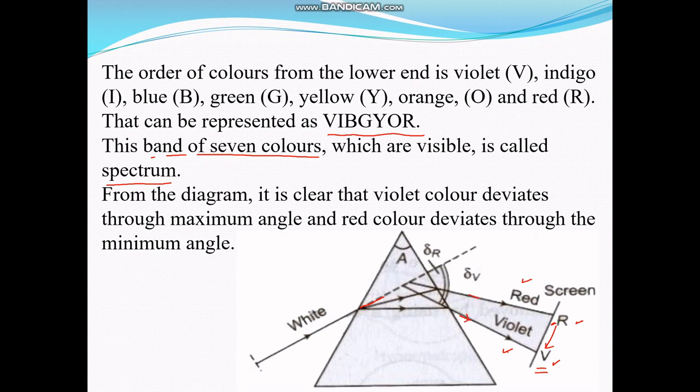So this is the angle of deviation of violet color, and this happens to be the angle of deviation for the red color. So obviously what we can observe is that del V is greater than del R.